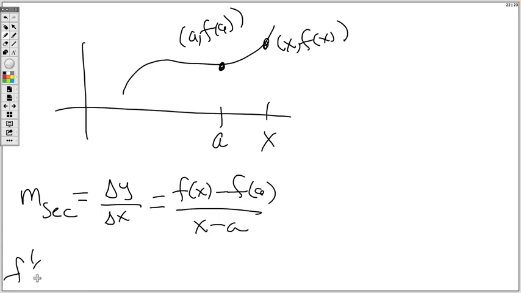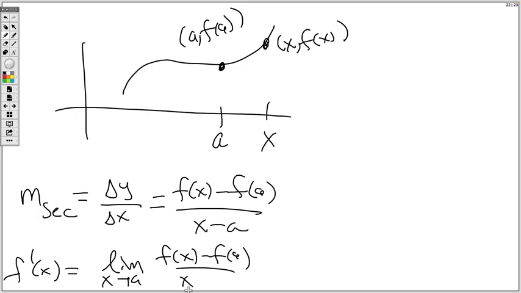And so then our derivative would be the limit as x goes to a of f of x minus f of a over x minus a. So this is what we've been running with here for the last 20 minutes or so. Okay? But there is another way to phrase this exact situation.